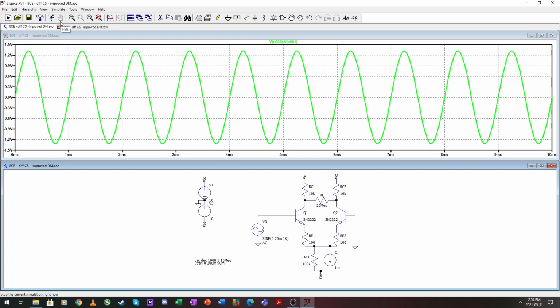So 20 milli times 67 is a little bit more than the 1.2 volts that we see here. Right, which is what, 1.34-ish, around there. So with degeneration, we saw a larger input impedance, and the output impedance remained the same.